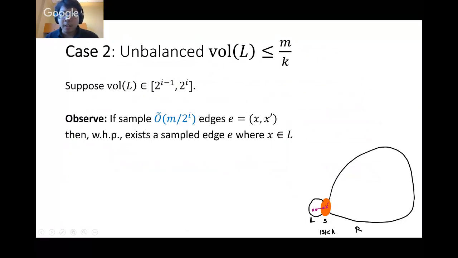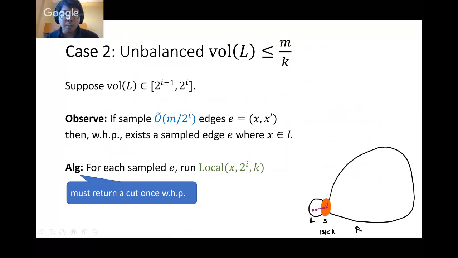One of the endpoints X will be in L. Then for each sample, if we run this local algorithm with the parameters X, 2 to the I, and K, then with high probability it will find you a cut, because with high probability one of the endpoints X is in L, and the local algorithm cannot declare that there is no cut because there is a cut. So it will find you a cut.